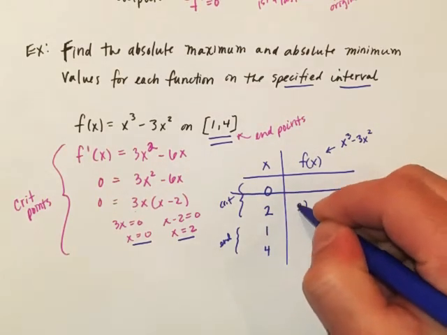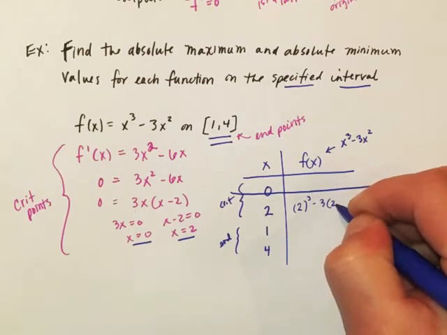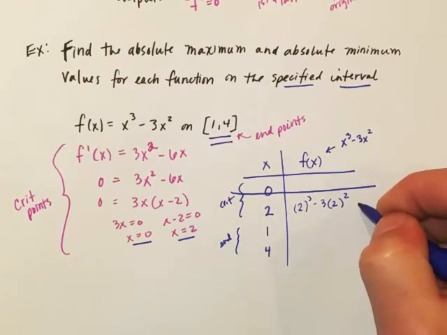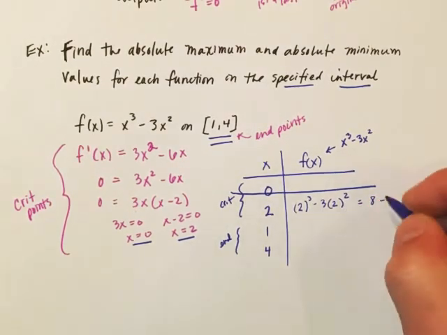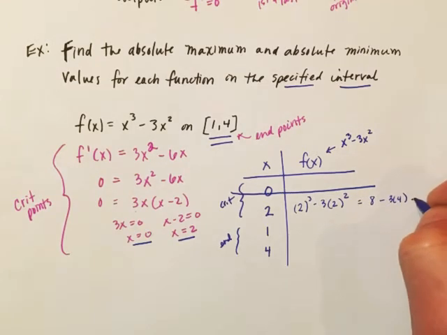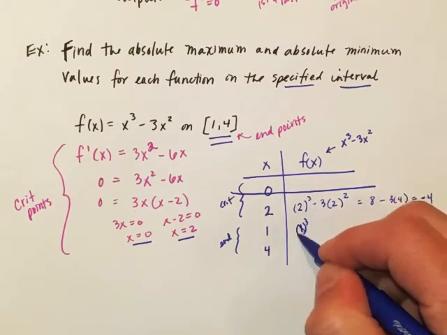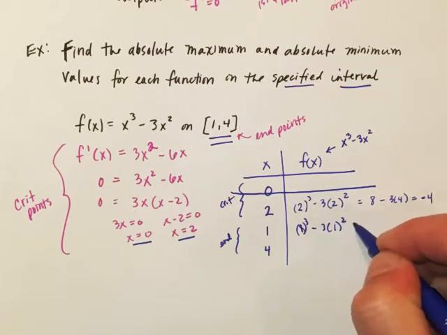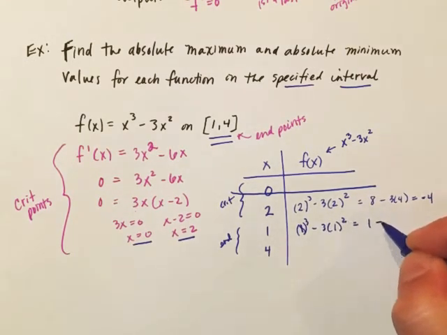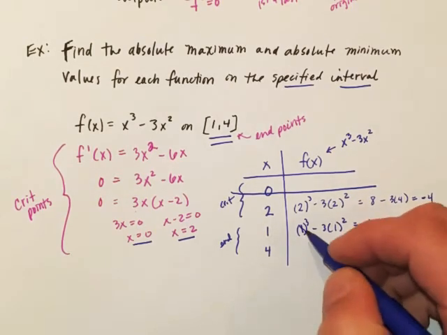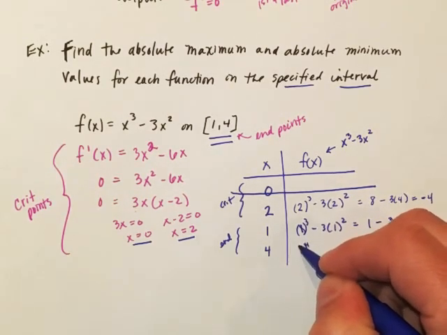I have 2 to the third minus 3 times 2 squared. That's going to give me 8 minus 3 times 4, or 8 minus 12, which is negative 4. Now I'm going to plug in 1, and I get 1 to the third minus 3 times 1 squared, which is 1 minus 3, which is negative 2. Then I'm going to do the same thing for 4.